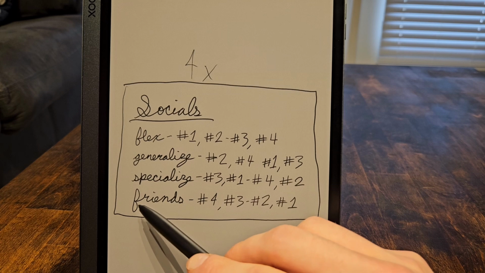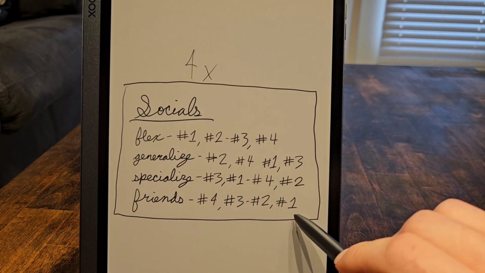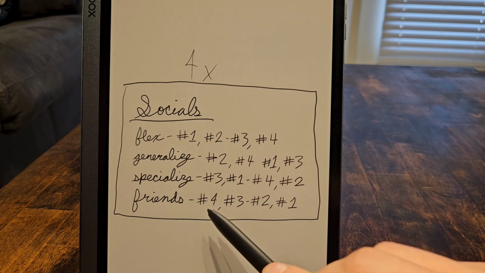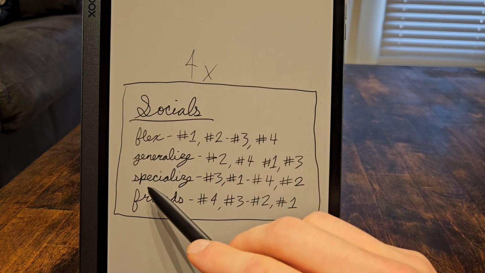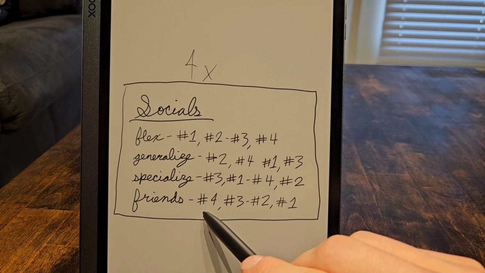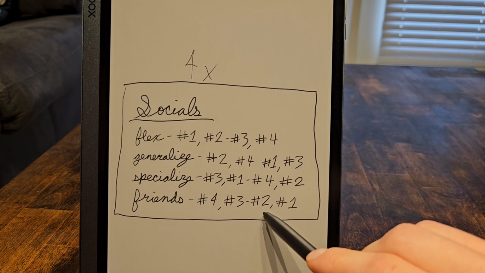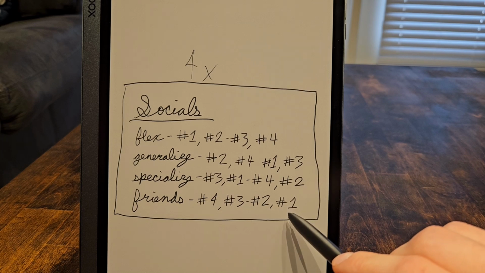And so if you're friends, you're number 4, and your last one is going to be flex, right? And then your second one is going to be specialize, right? So you can read this as friends first, then specialize, then generalize, and then flex last.